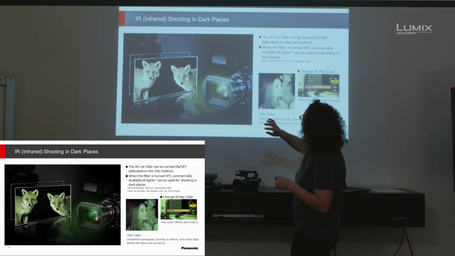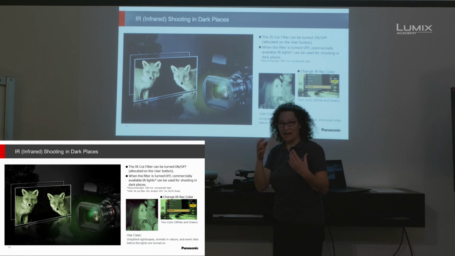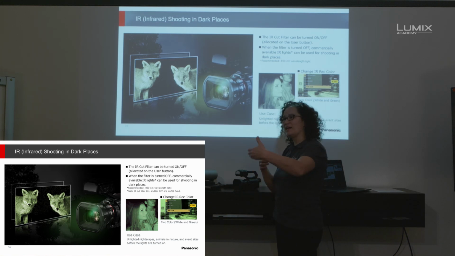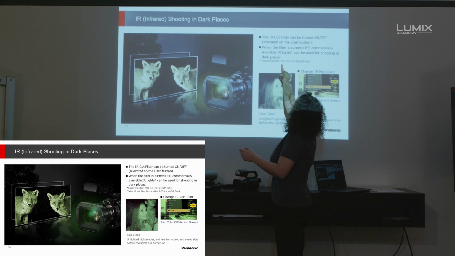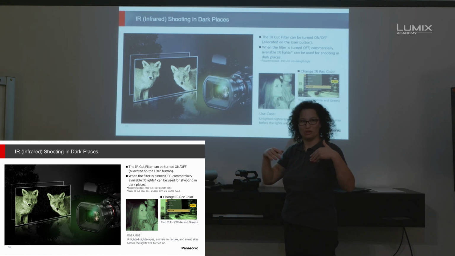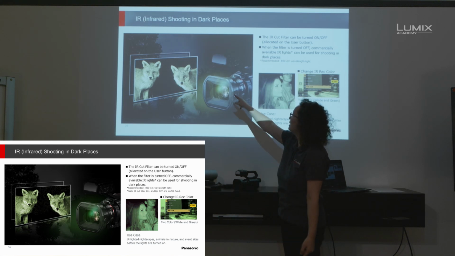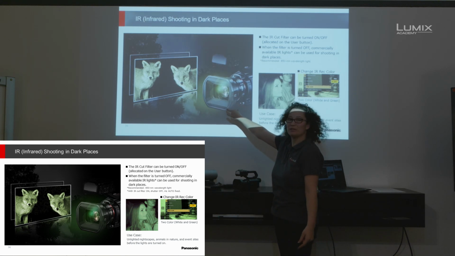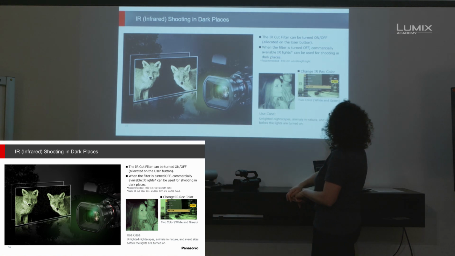So I turn off the filter, and then I can use lights that will illuminate the scene on an infrared basis, but not pollute it with visible light. Recommended here, you can see 850 nanometer wavelengths, because this is basically the filter we switch off. If you have a lamp that emits exactly this light frequency, you can illuminate your scene and film it with the camera, because the camera is now sensitive to that infrared light.